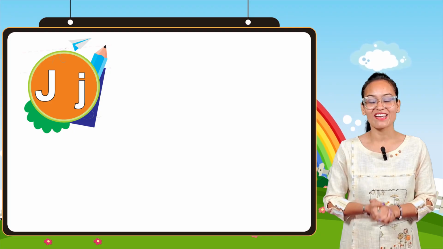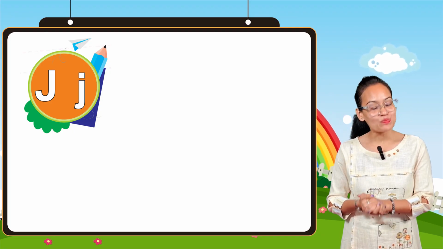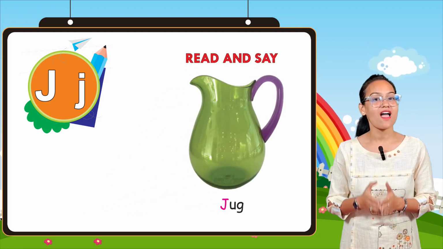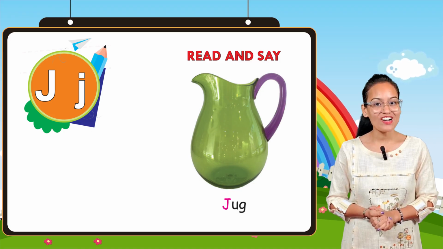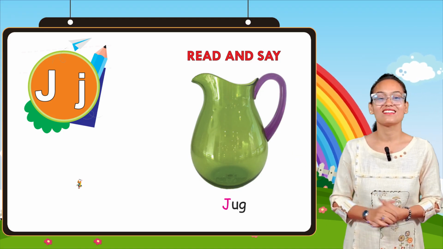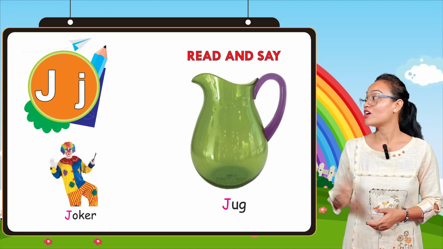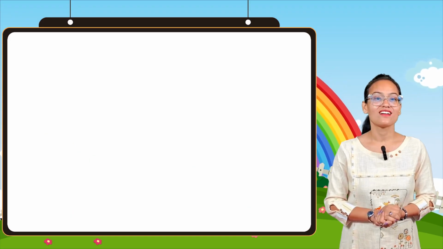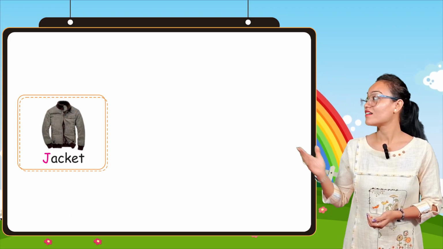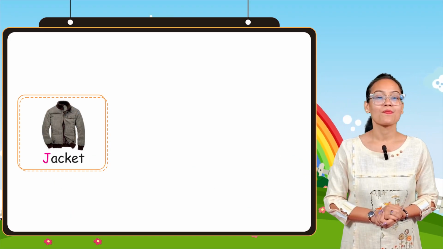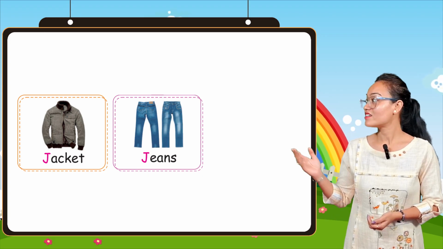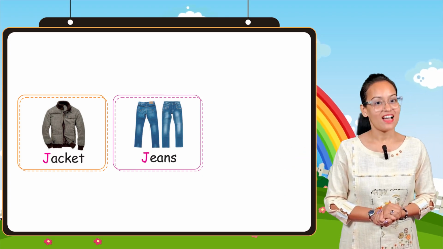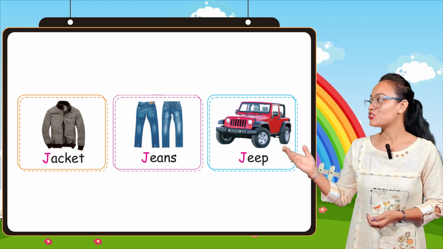Alphabet J. Capital J, small j. Read and say: J for jug, J for joker, J for jacket, J for jeans, and J for jeep.